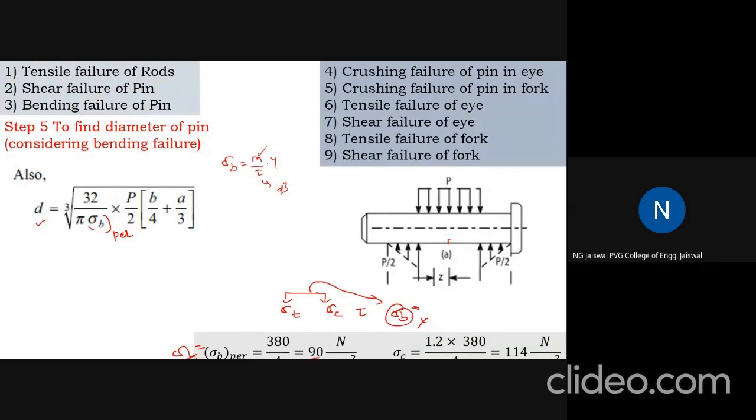The minimum of these two is 90, so the permissible sigma B is 90 Newton per mm square.